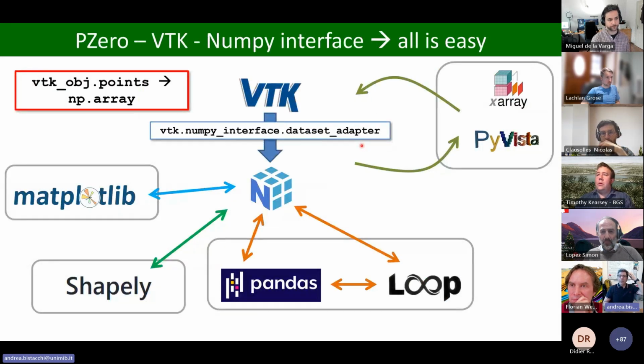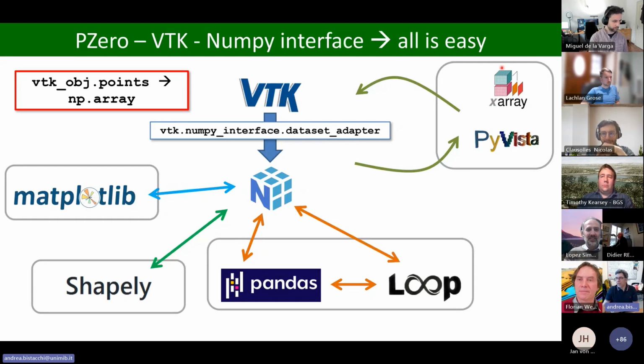Okay. These are the main libraries that we use. Then we use some more, to whom we are very much indebted. At the very core of P0, we have VTK that is used for visualization and managing all 3D entities. And we use quite a lot of the interface between VTK and NumPy that makes it very easy to integrate any numerical calculation in a Python environment.